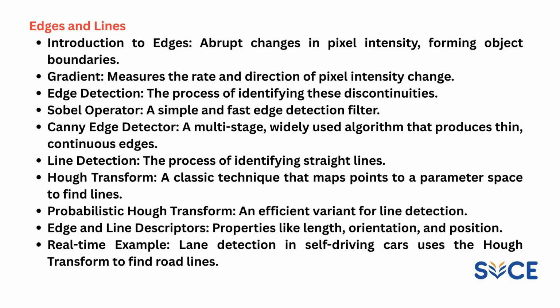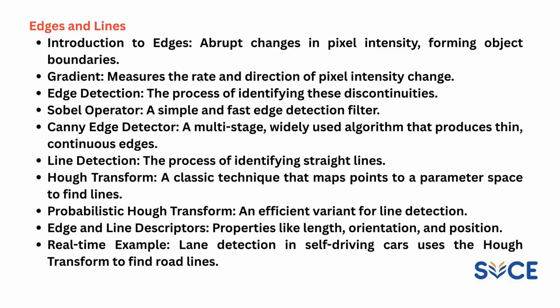A simple way to do this is the Sobel operator. It's a quick and easy filter that highlights all the sharp changes, but the result can be a bit messy as well as thick. So for a much better result, we use the Canny edge detector. It is the gold standard and it's a very smart multi-step process.